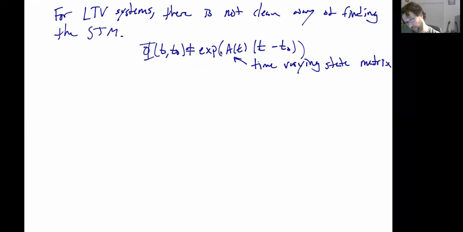So just as with differential equations, determining the solution to a time varying system is non-trivial.